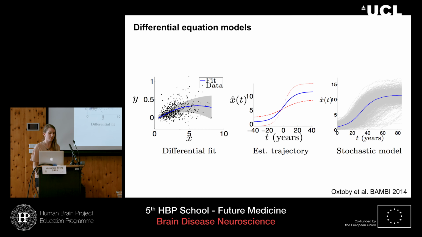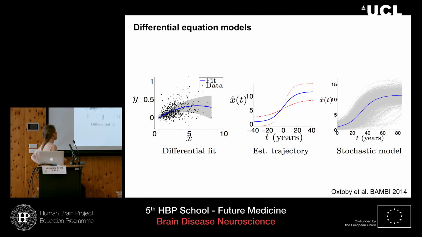So one example of these is differential equation models. These models work for just a single biomarker at a time. Basically, you can assume that an individual's follow-up data is a differential cross-section of some average population trajectory. You can then fit a curve to this differential of the samples.